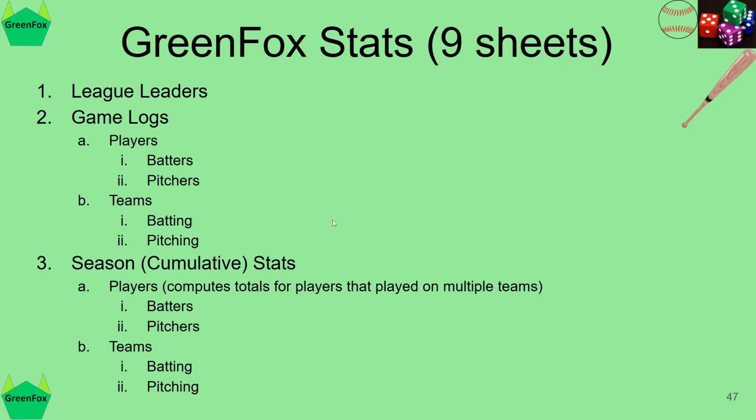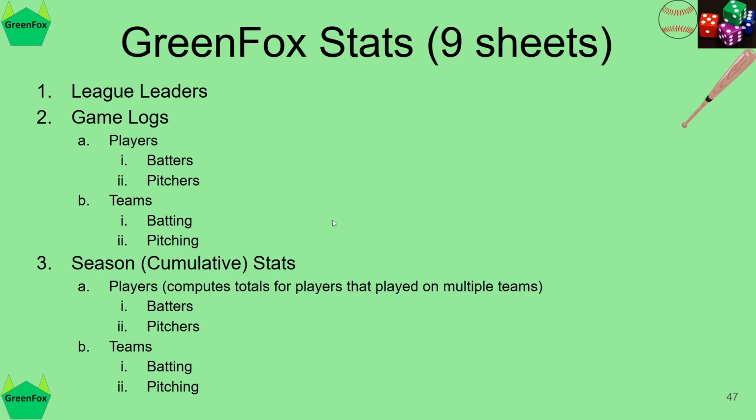This next section of content covers GreenFox stats, which are likely a reason that you're even using GreenFox, so that you can track and look at these stats. And GreenFox uses 9 different sheets to keep track of stats.